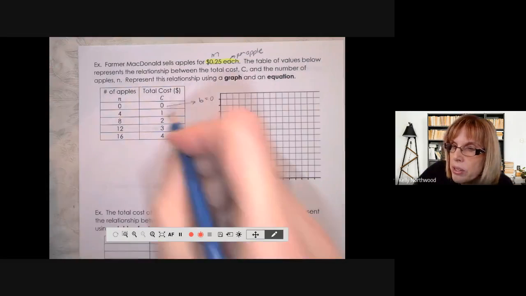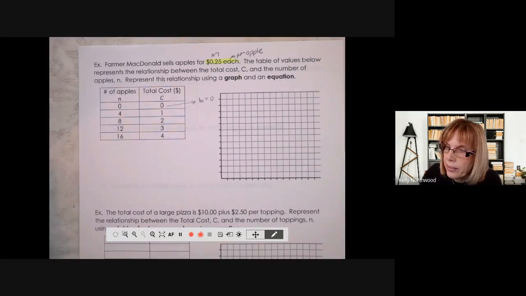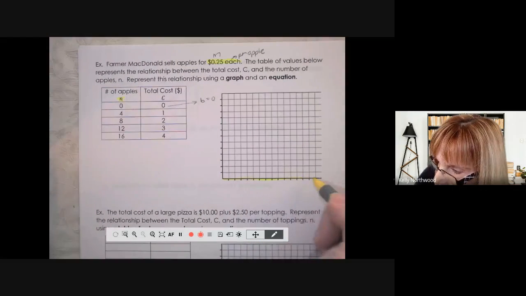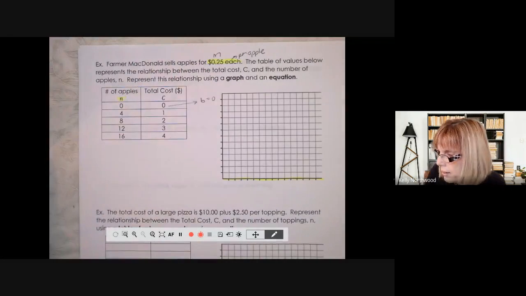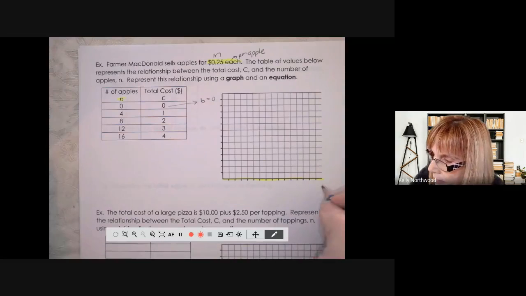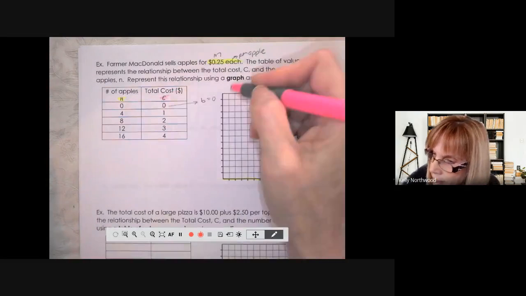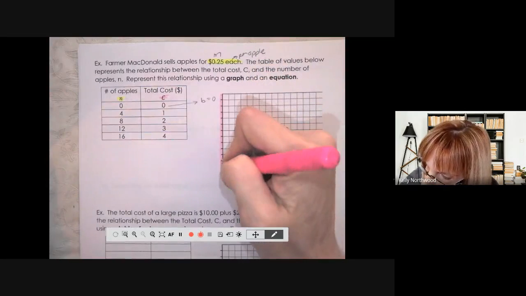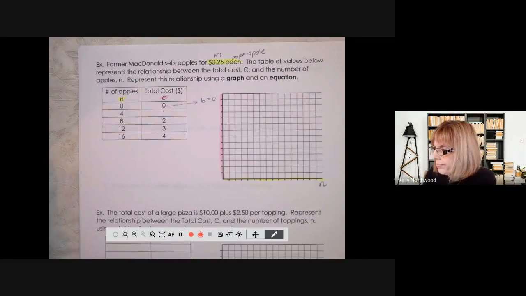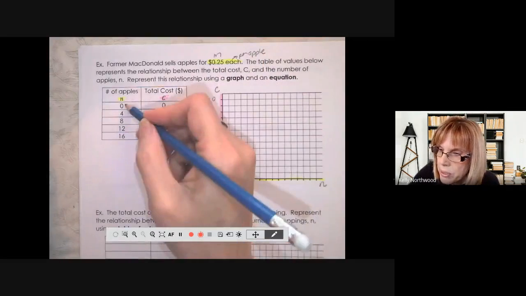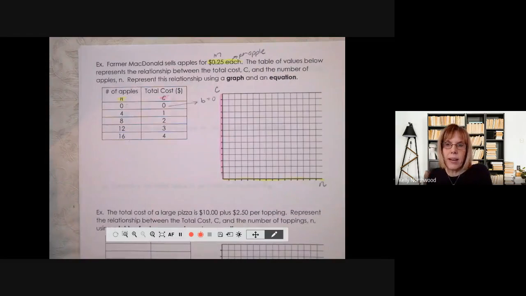So the first thing we're going to do is we're going to draw our graph. So this is our horizontal axis. And instead of X, we're calling it N. And this is our vertical axis. And instead of Y, we're calling it C. And we have to go from 0 to 16 on our horizontal axis.